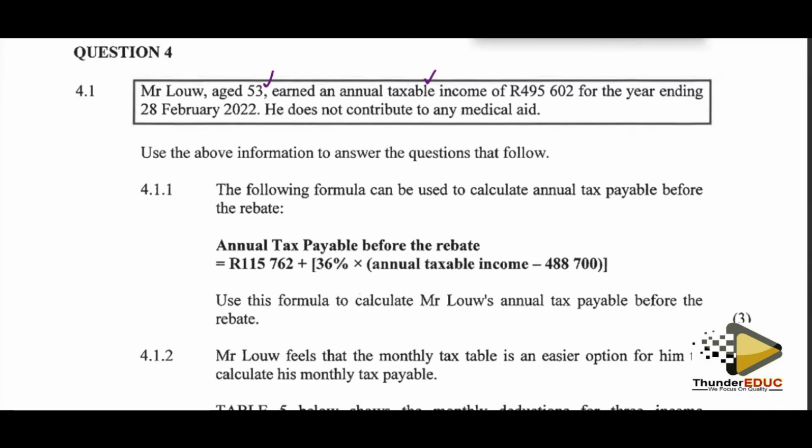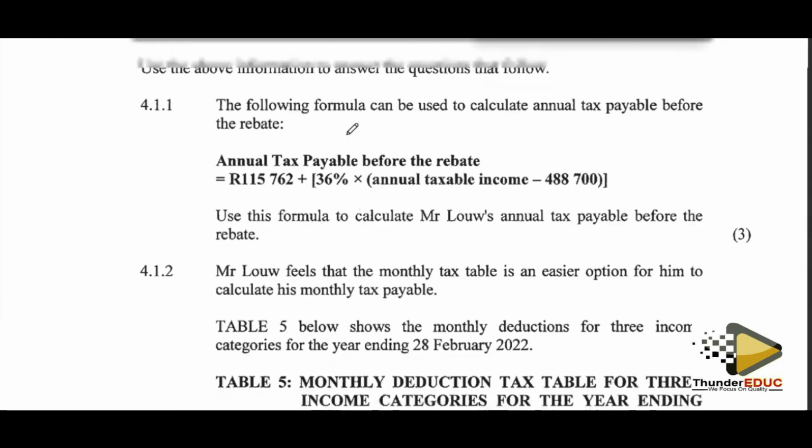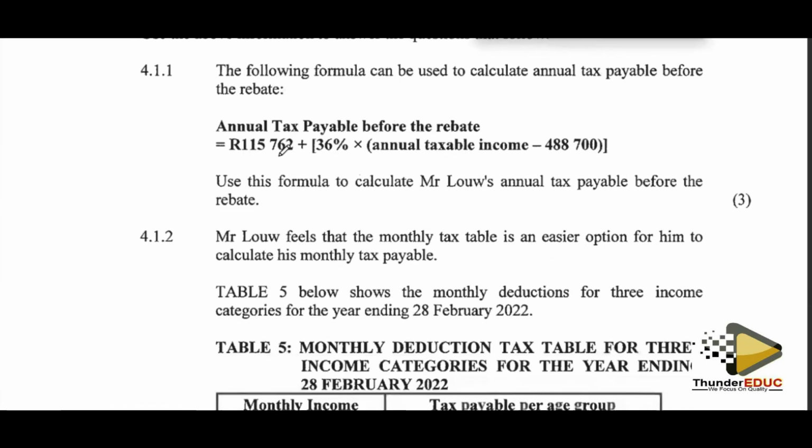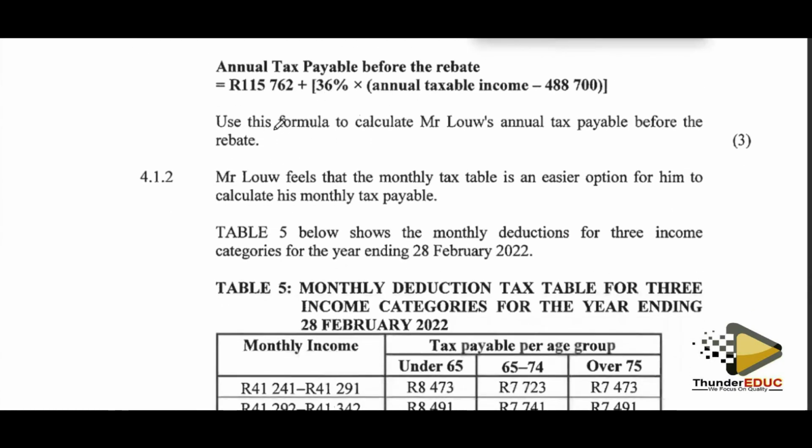She does not contribute to any medical aid. Use the following to answer the questions that follow. The following formula can be used to calculate the annual tax payable before rebate.